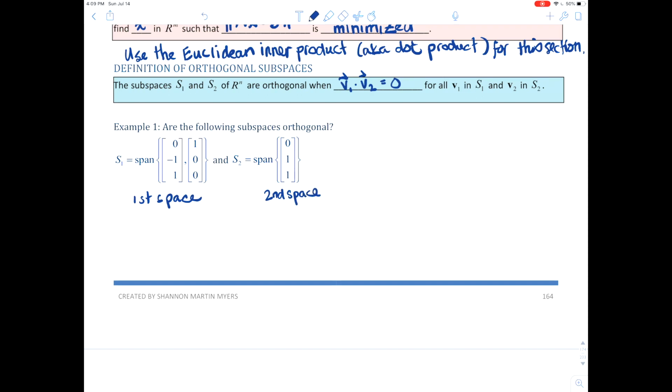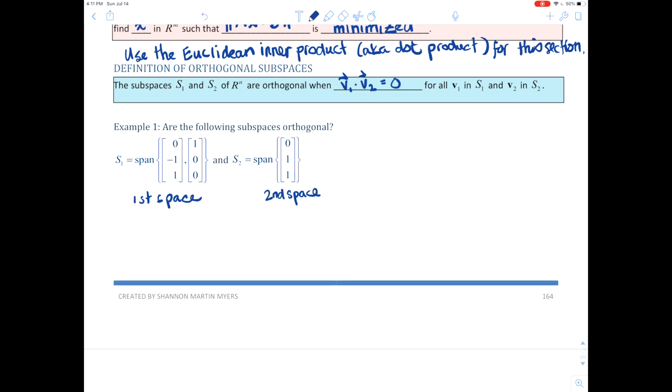Good so far? And so looking at our definition, what needs to be true? Well, we need to evaluate the inner product, the dot product, of each vector in S1 with the one vector in S2. All right, let's check it out.